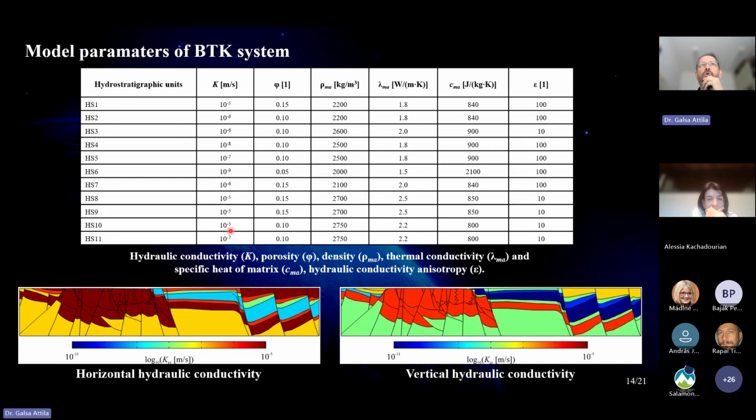From the point of view of groundwater flow, the most important parameter might be the hydraulic conductivity, which was estimated mainly from well tests.